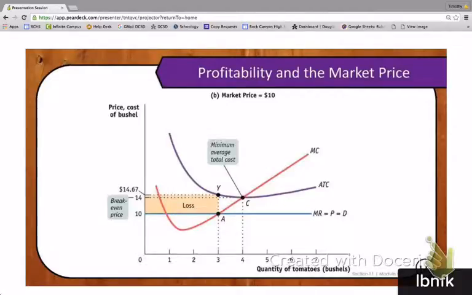But what would the break-even point be? The break-even point would be a quantity of 4 tomatoes, and that would be point C, because that is the minimum of the average total cost curve. And so if we were producing 4 tomatoes, we would actually be breaking even rather than incurring an economic loss.